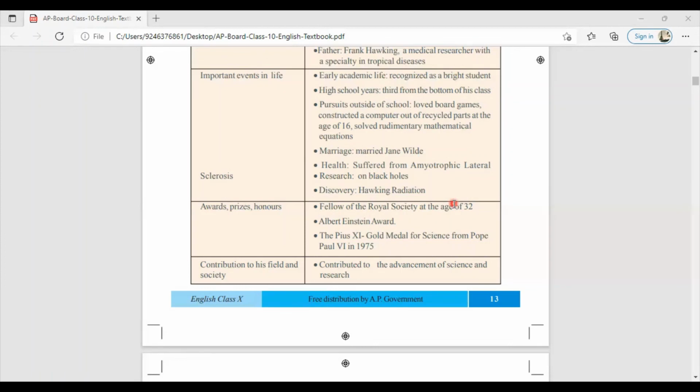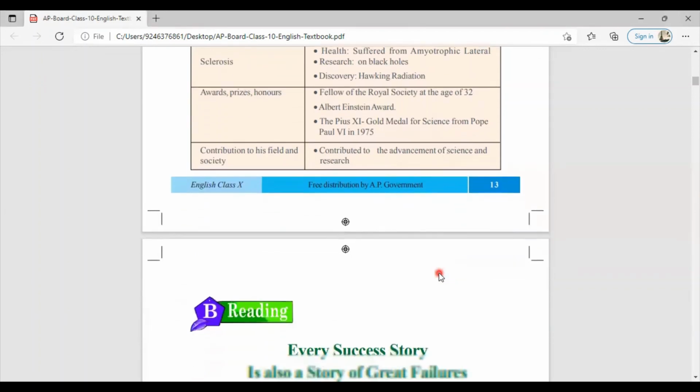Then you can also include the awards and rewards that he was given. Then you can write at the last that the Pius XI gold medal for science from Pope Paul VI in 1975 was his remarkable honour, and these are the things he contributed for the advancement of science and technology and research.